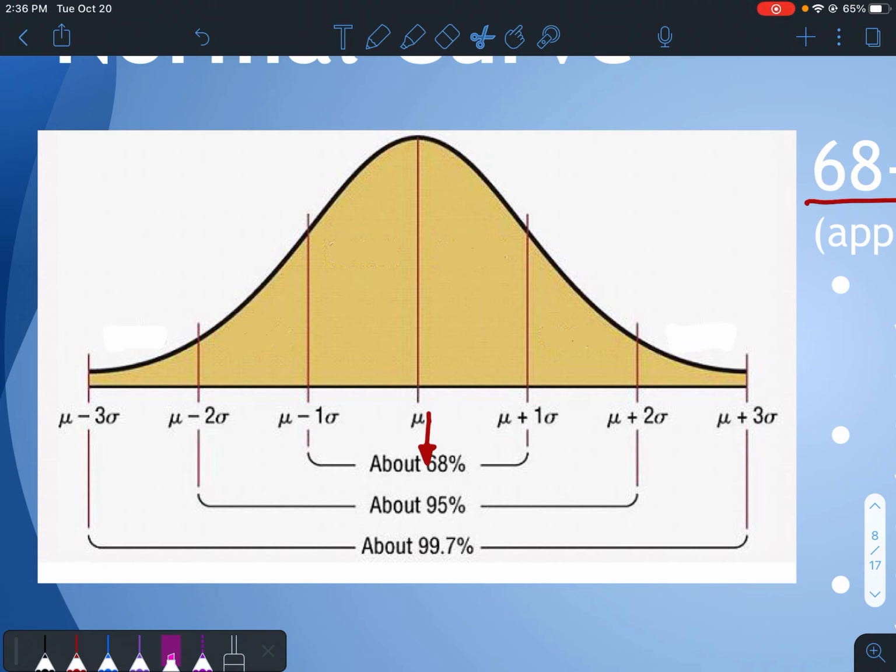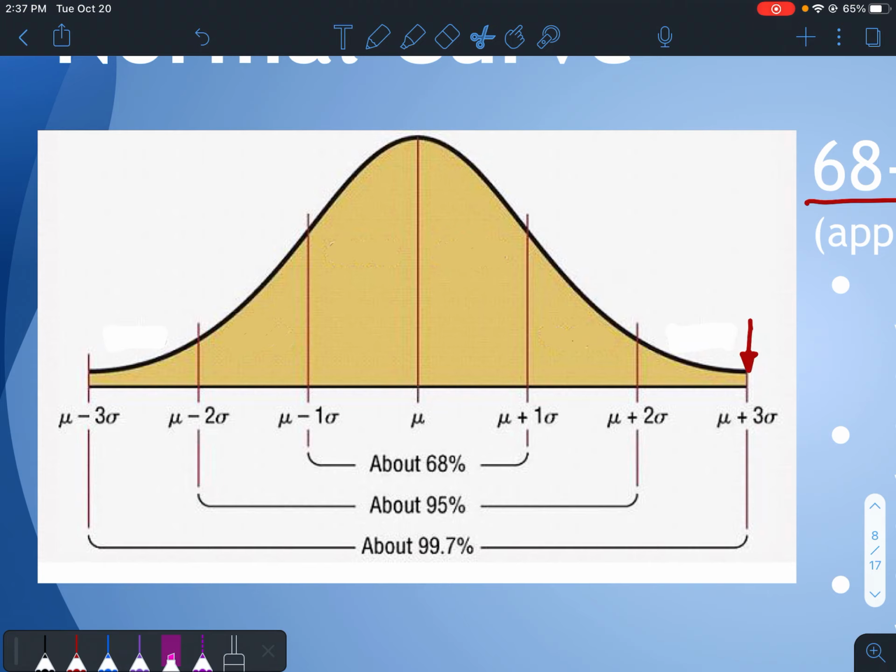Now, notice the further you go out, so we're going from 68 to 95, this line is going down, so the area under the curve in this segment is not the area under the curve in this segment. Those two aren't the same. This is going to be smaller.